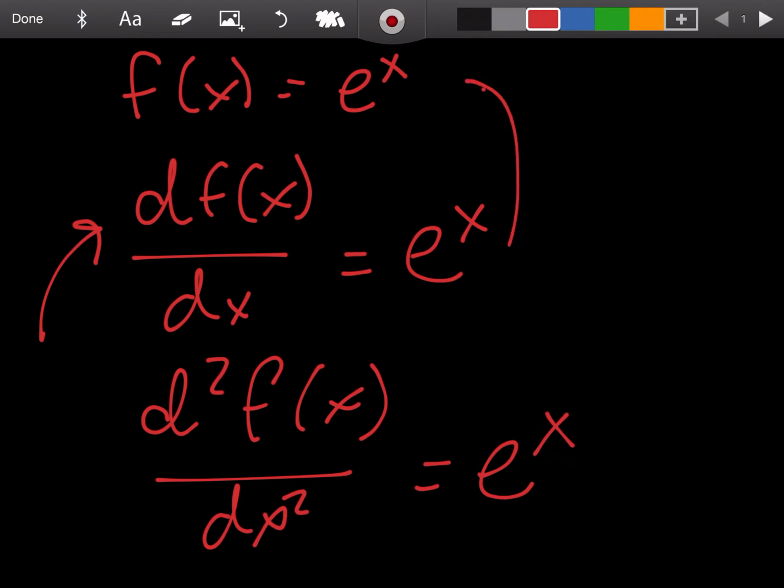If you think about it intuitively, this has this weird behavior, which is like the function and the rate of its change are the same, and the rate of change of its rate of change is also e to the x, and the rate of change of its rate of change of its rate of change is e to the x, etc. So that's why you have, again, this explosive quality to it.